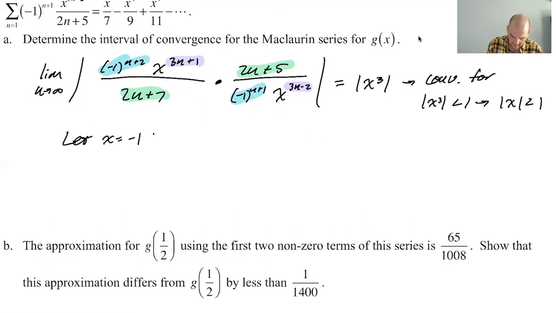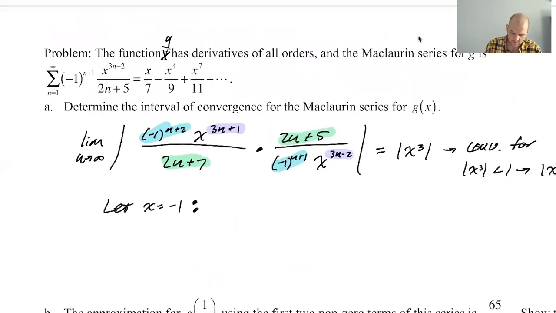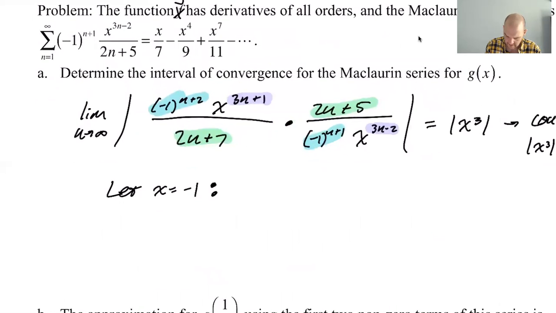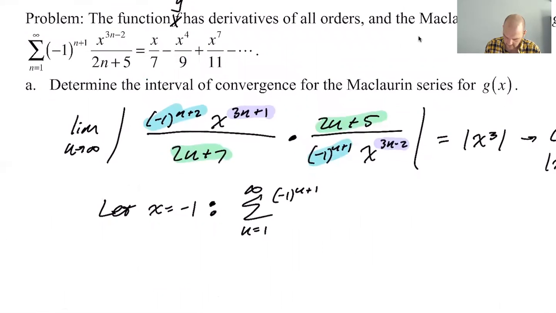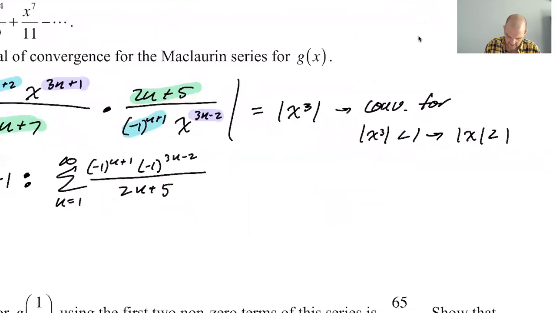x equal -1. What we're doing is we go back up here and replace x with -1 and see what kind of thing we get. So we'll have -1 to the n plus 1 already, and then we'll have another -1 to the 3n minus 2. So it's going to come down to whether or not this actually alternates.